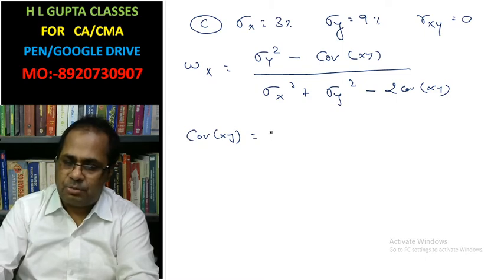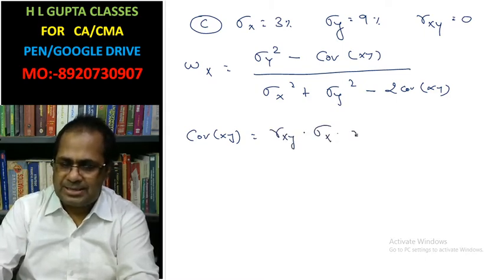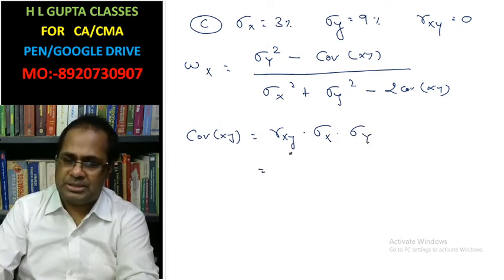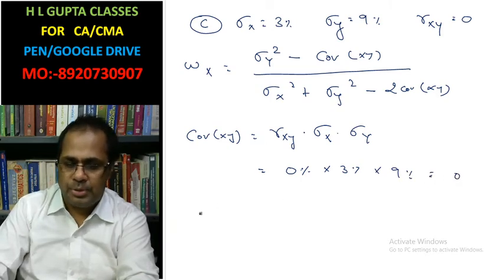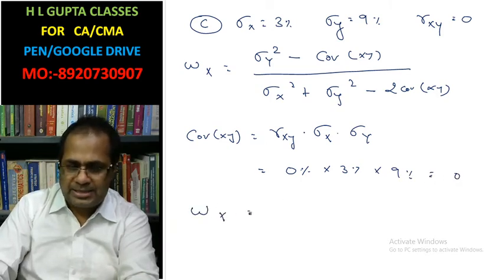Covariance of xy is calculated as coefficient of correlation xy times standard deviation x times standard deviation y. This is 0% into 3% into 9%. This is 0.